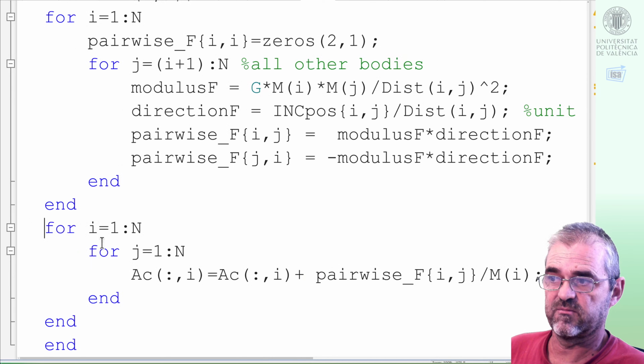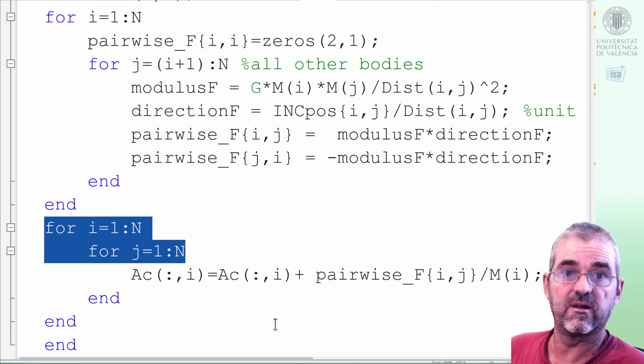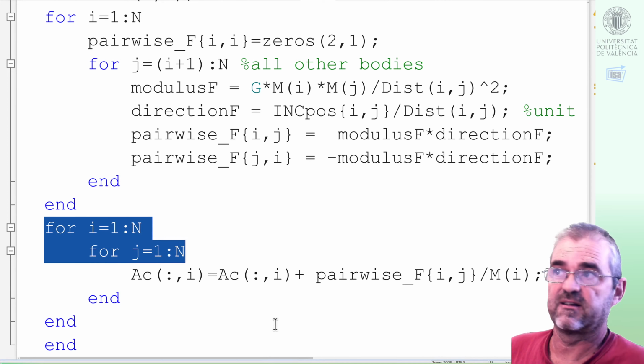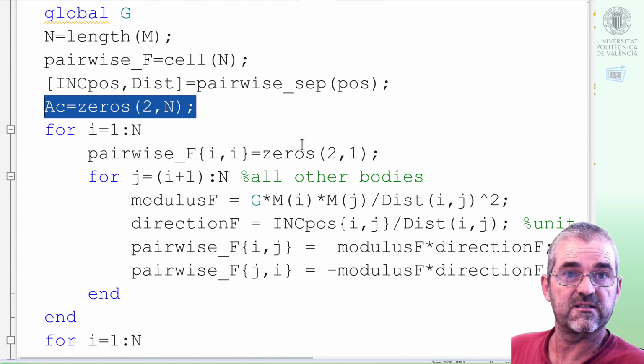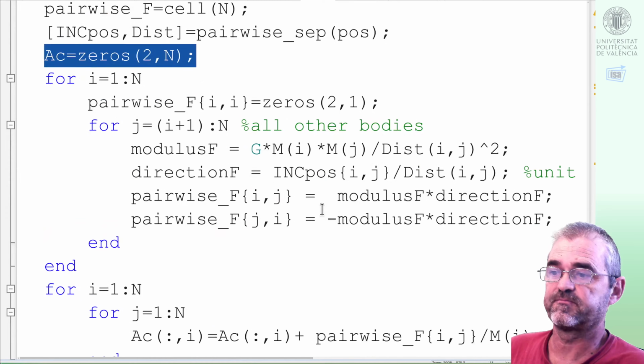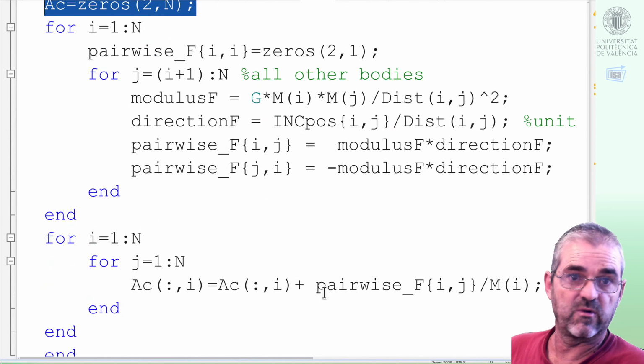Here I am considering all n² possible pairs. For body 1, I am computing the acceleration with 1,1, which is 0. This AC matrix, the acceleration matrix, was initialized to 0. And then 1,2, 1,3, 1,4, whatever.